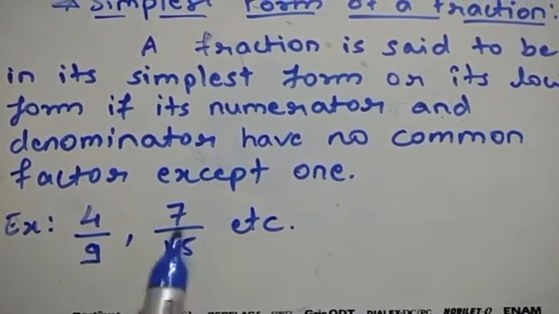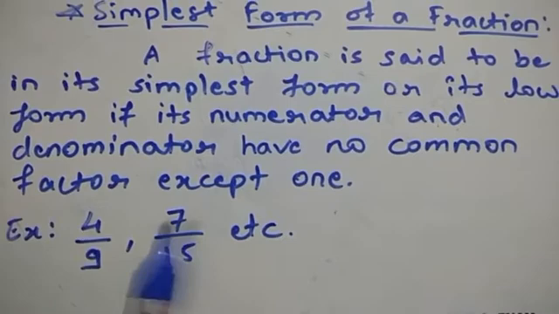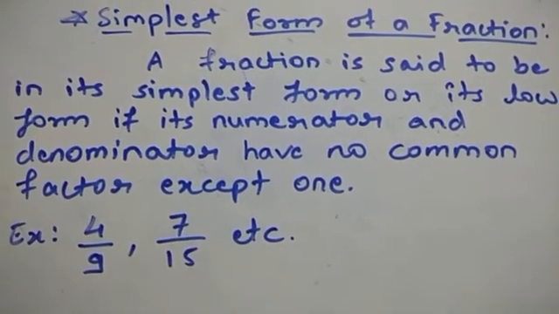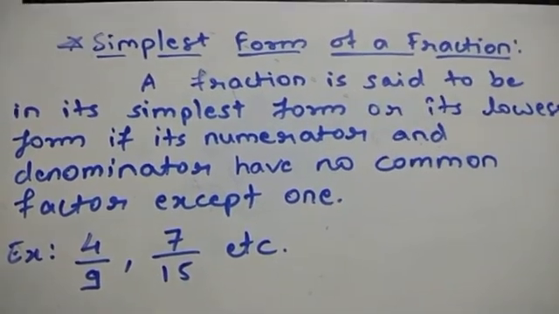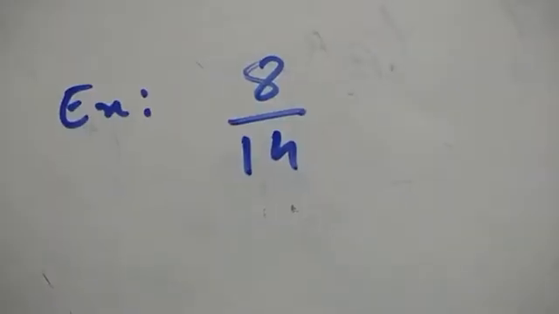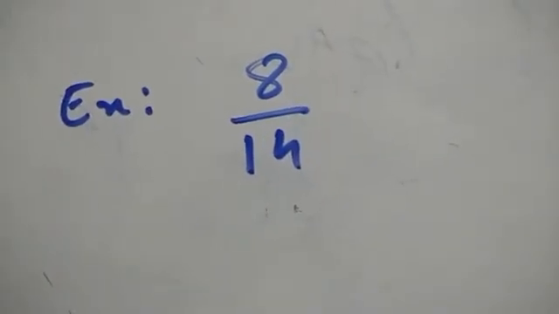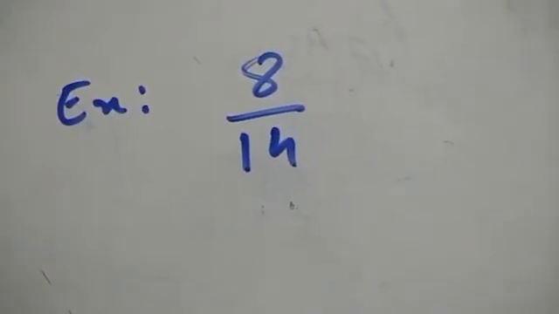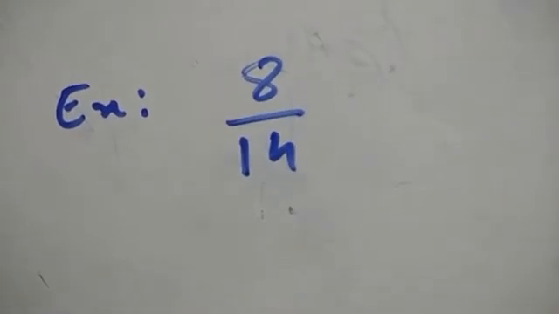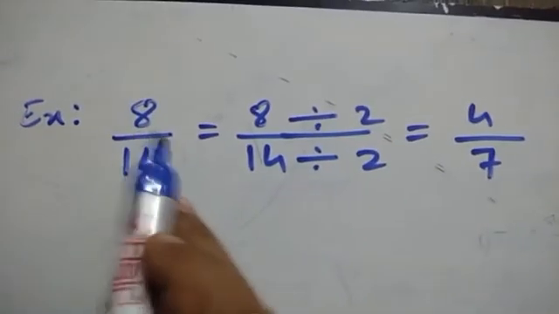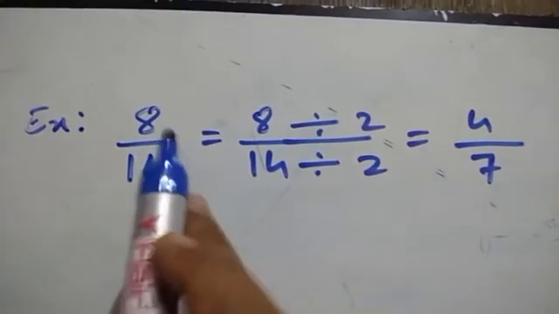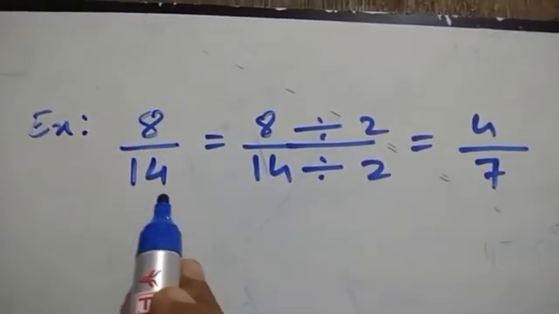Therefore, all the fractions which do not have common factors in numerator and denominator, we call them to be in their simplest form. If a fraction is not in its lowest form, then how do we get its lowest form? That we'll see with the help of this example. If it is not in its lowest term, then we have to divide both numerator and denominator by their common factor.